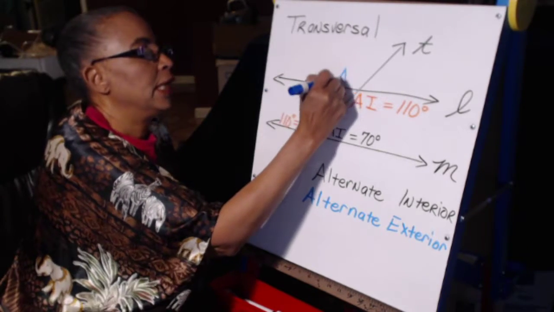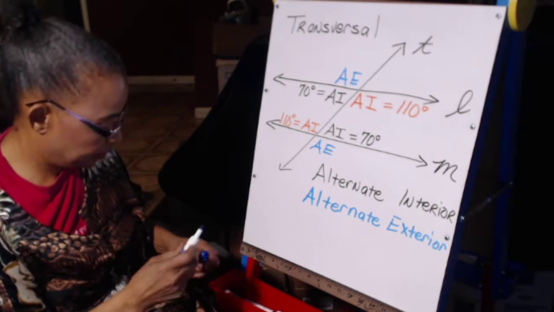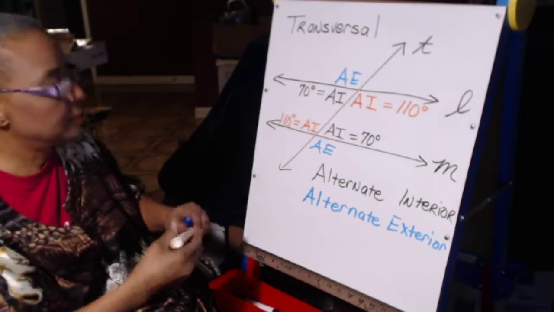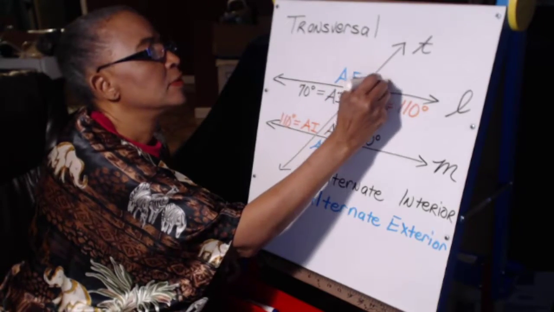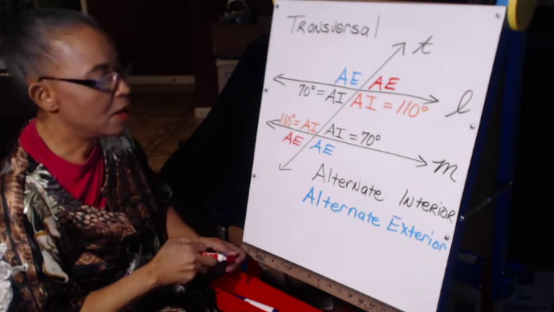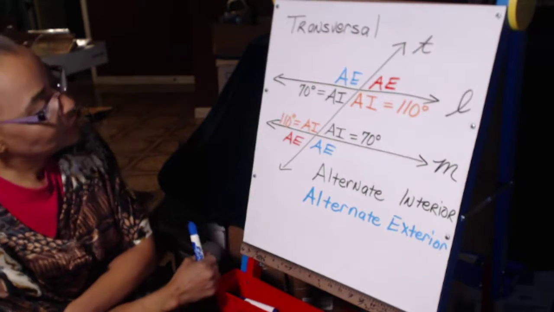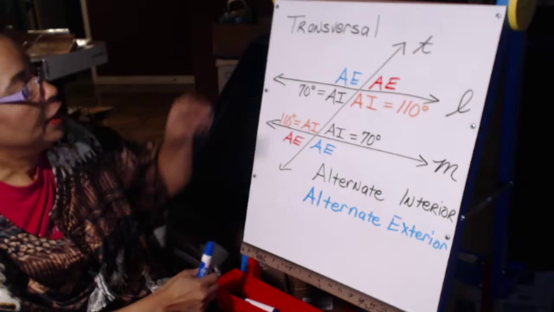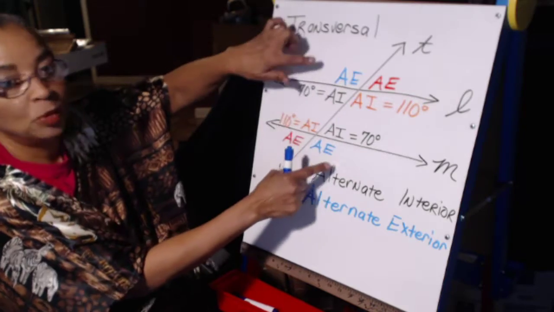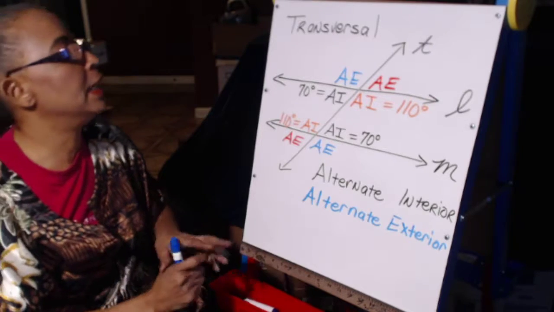So we have AE here, AE here, AE here, and AE there. Alternate exterior angles. They also have the same measure. Again, notice they're on opposite sides of the transversal, they're not adjacent. One is up and one is down. But as far as the exterior, they're on the outside of the two parallel lines.